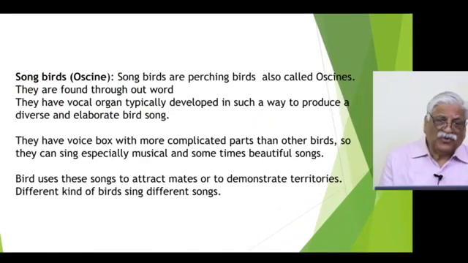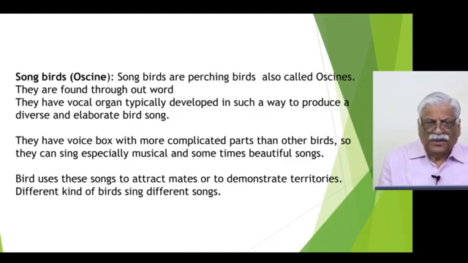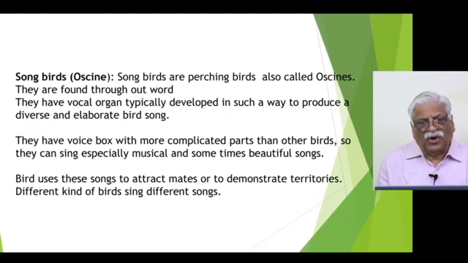There is another example of songbirds. These songbirds are known as oscines. These are perching birds, and they are found throughout the world. They have vocal organs typically developed in such a way as to produce a diverse and elaborate bird song. They have a voice box with more complicated parts than other birds.